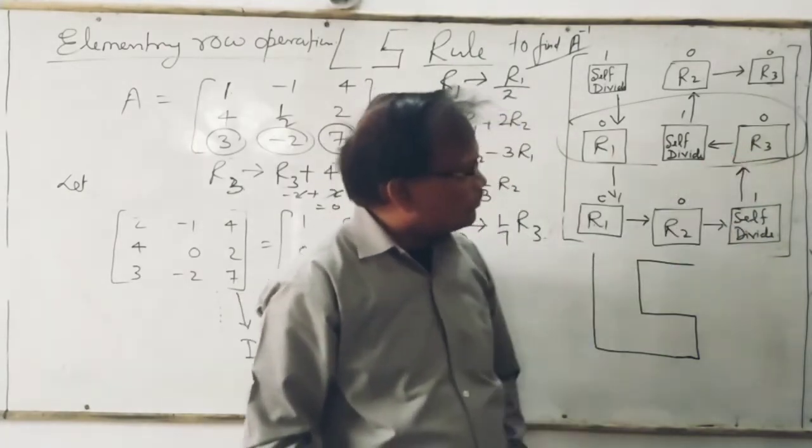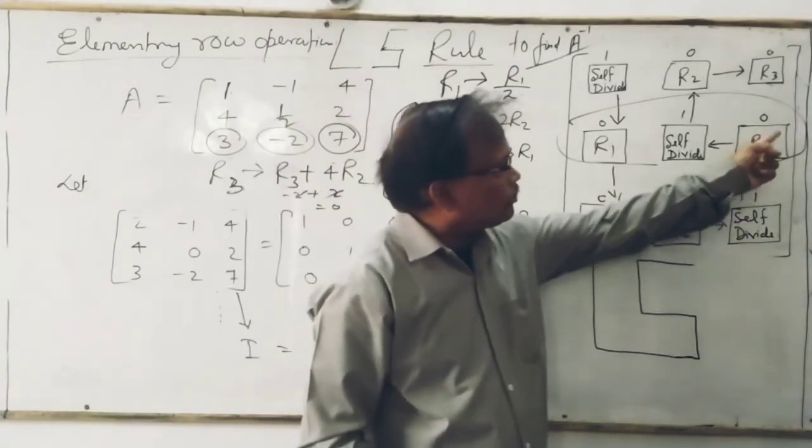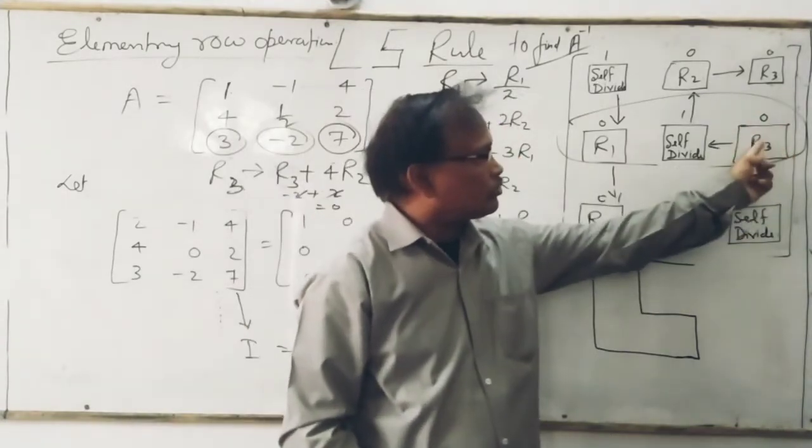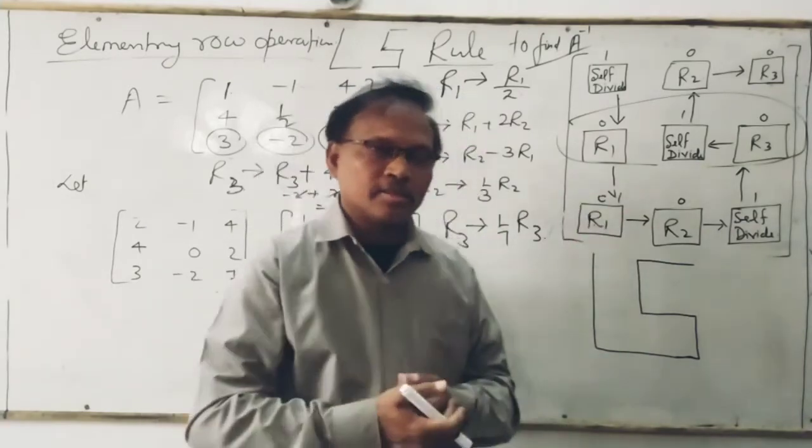Now go in this direction. This is R3. You take this row to make this element 0. इस एलिमेंट को 0 बनाने के लिए ये रो लेना है. Why do we consider this row?